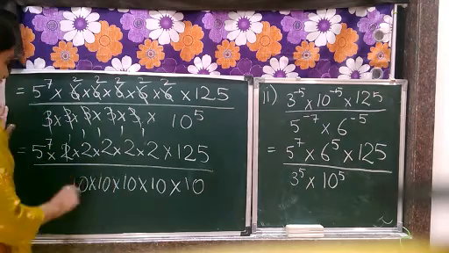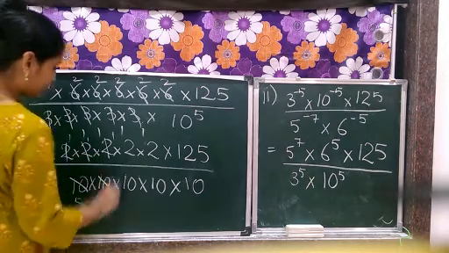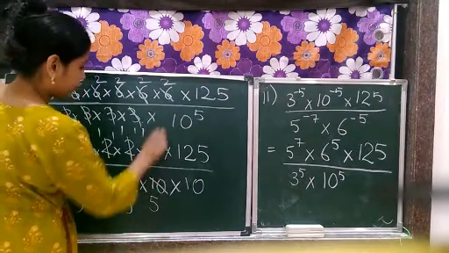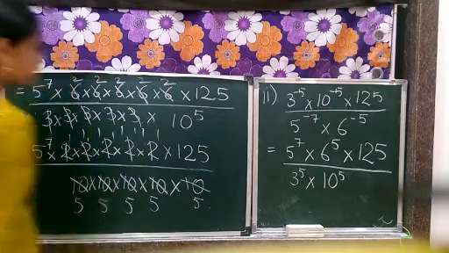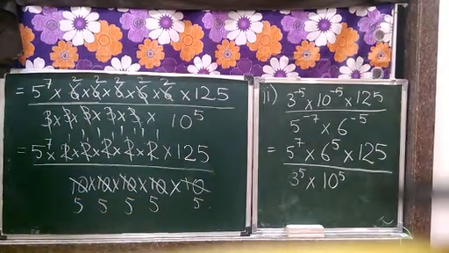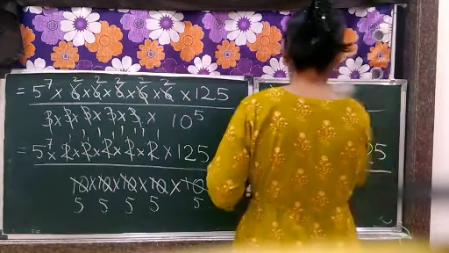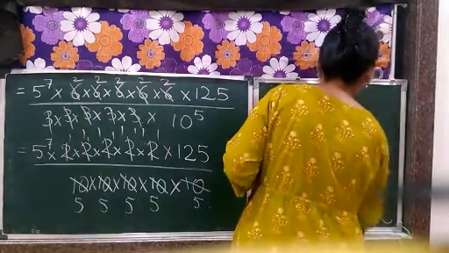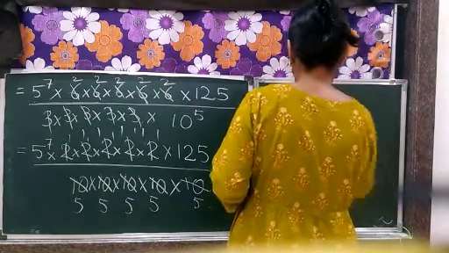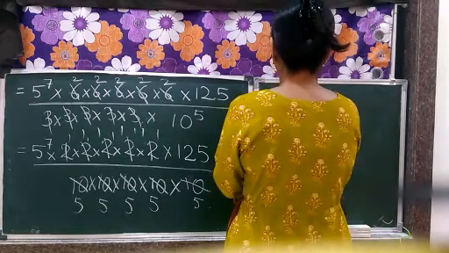Okay, so 2 ones are 2, 2 5s are 10, and the same for each pair. Okay, now 5 is how many times? 5 is 5 times, correct? So 5 raised to 7.